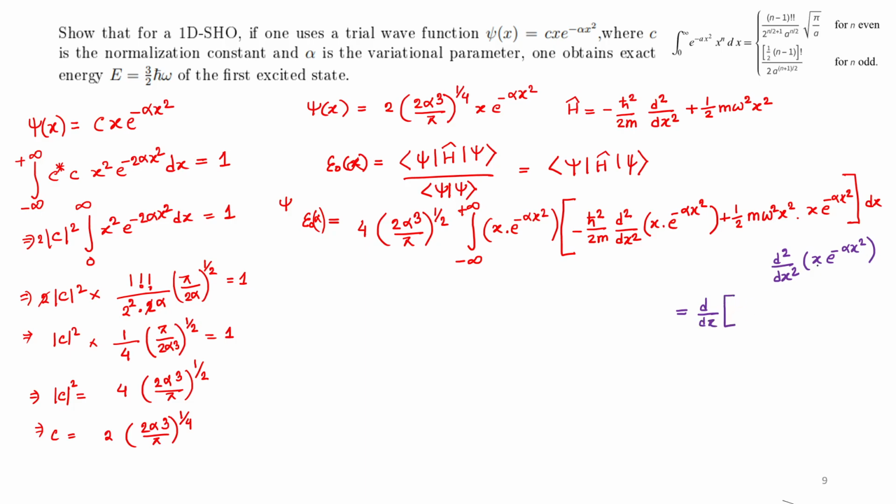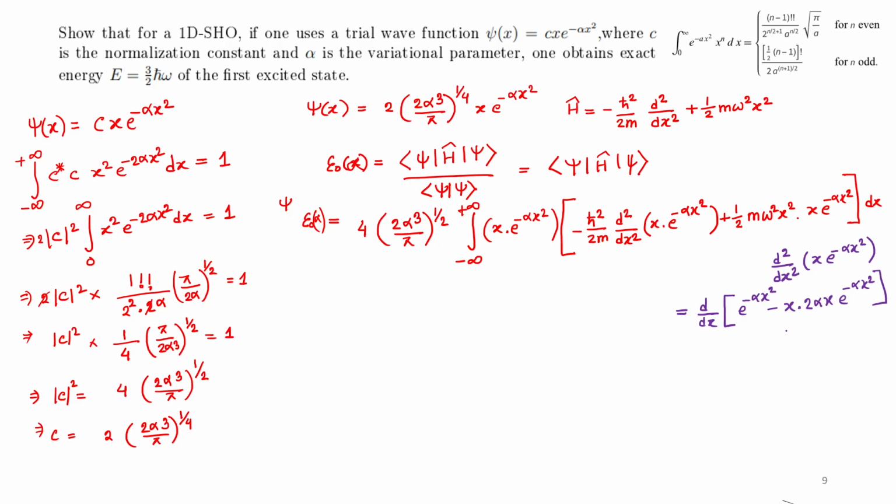So first d of dx once: e to the power minus alpha x square, from there the x becomes one here, and 2 alpha x is coming, actually minus 2 alpha x is going to come, so plus will become minus.